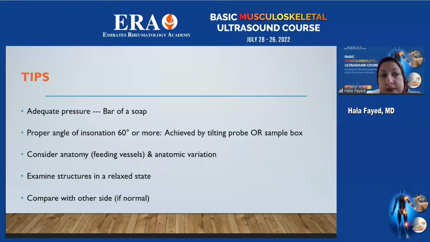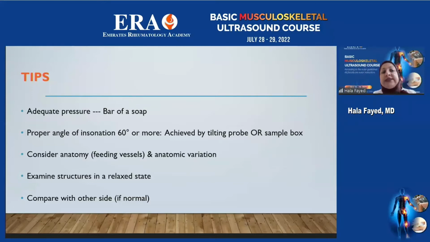And here are some tips for making a proper Doppler ultrasound scanning examination. We have to have adequate pressure, and the adequate pressure is as if you're pressing a bar of soap on the body surface of the patient.